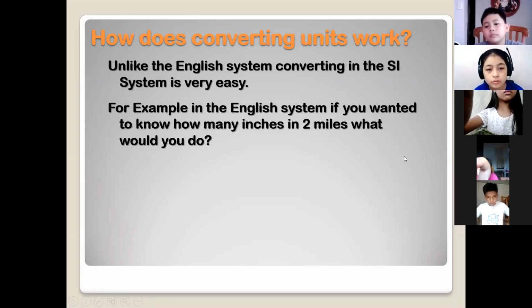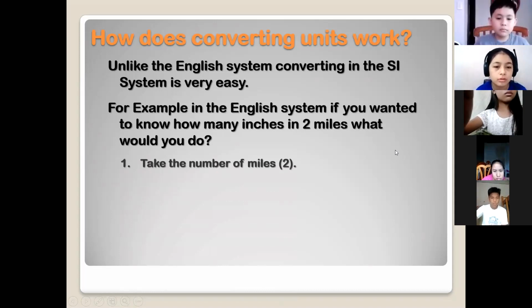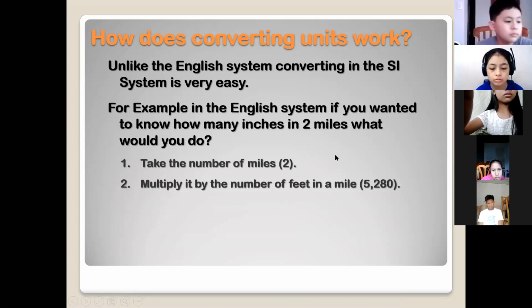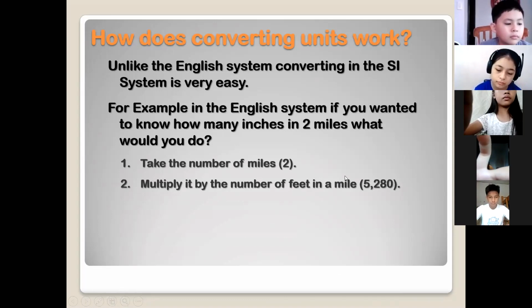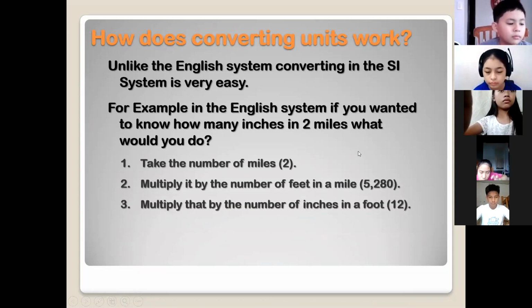So let's try to have this example. How many inches are there in 2 miles? What you would do first is take the number 2 miles, and after that, you're going to multiply it by the number of feet per mile. We have the conversion a while ago that 1 mile is equal to 5,280 feet, and 1 foot is equal to 12 inches.